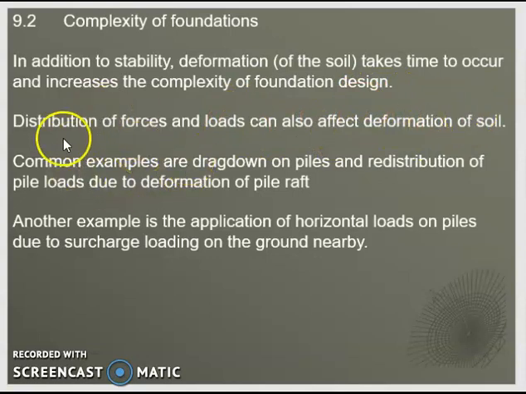There could be examples such as downdrag on the piles because they are suffering from negative skin friction, or redistribution of the pile load because of the deformation of the piled raft or the pile cap. Another example is the application of horizontal loads on piles due to the surcharge loading of the ground nearby. All this increases the complexity of the foundation.